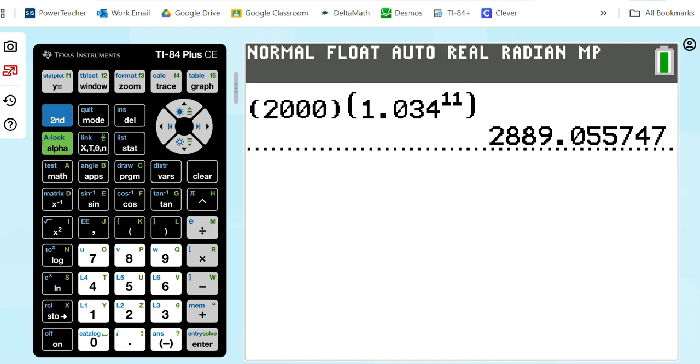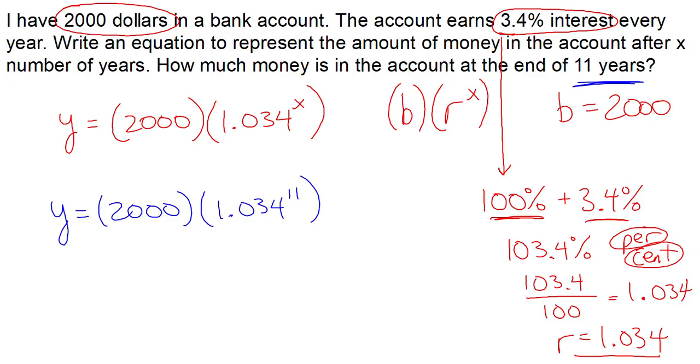And we can see that we get 2,889.055747. Since we're dealing with money here, we're always going to want to round to the nearest cent. Cents would be 2 places after the decimal. So we have to look at the term after the second decimal.